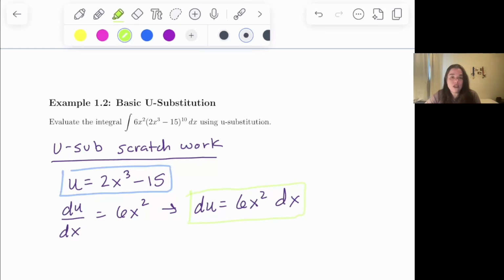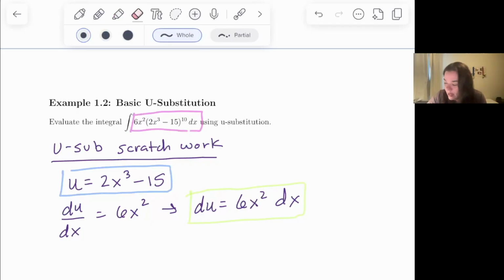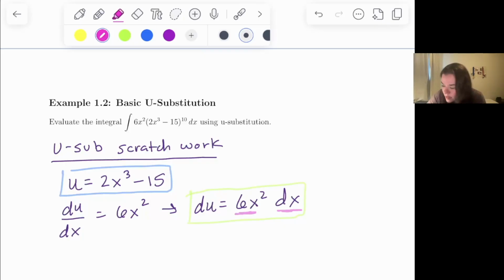And the question is, when you go back to your original integrand, do you have matchers, I guess I call it. I always think of we're looking for perfect matchers. Do you have a match for u? And do you have a perfect match for du? And if you look here, I know du is awkward, 6x squared dx, but there it is, 6x squared dx. It's okay that it's separated by another term in there.